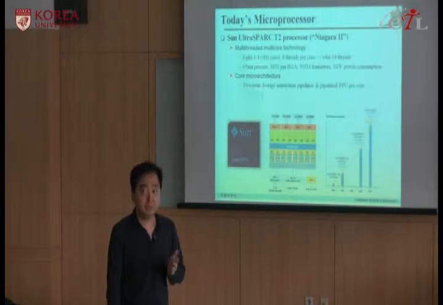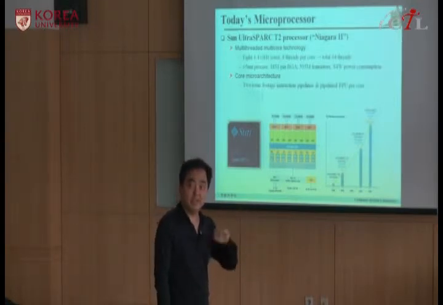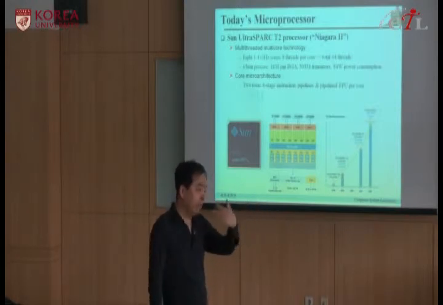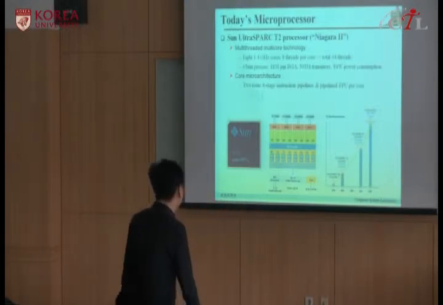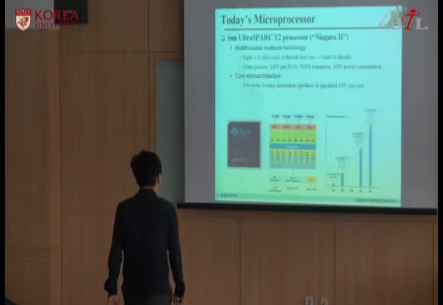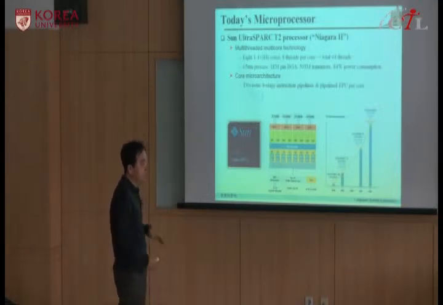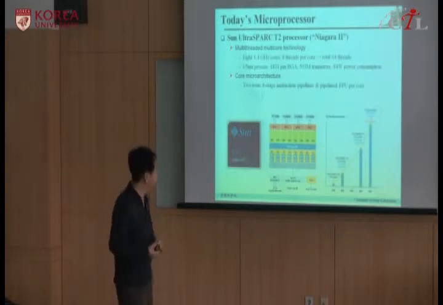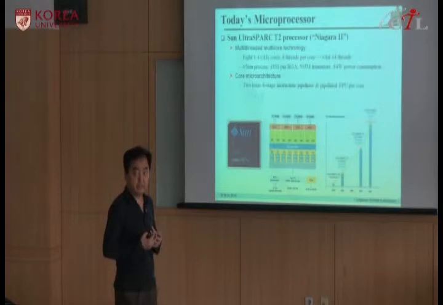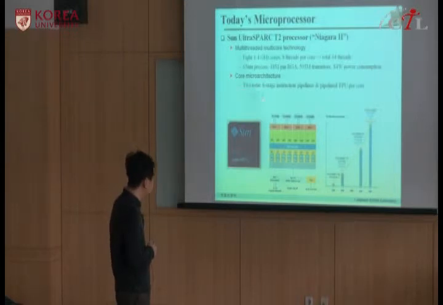So this is for server applications, which have a lot of requests. You can create a thread and can match all these requests coming from the remote clients. It uses a 65 nanometer process, so it's not an aggressive semiconductor process technology, but it actually exploits TLP substantially. And they use an in-order pipeline, 2-issue, and so on.